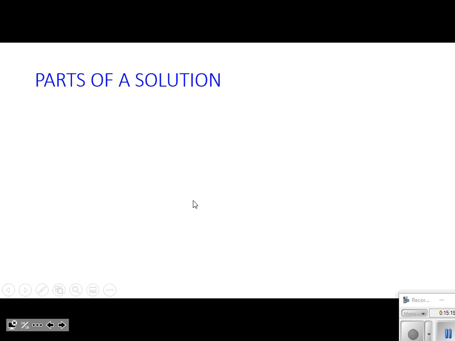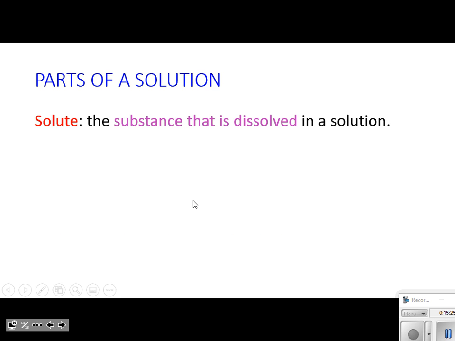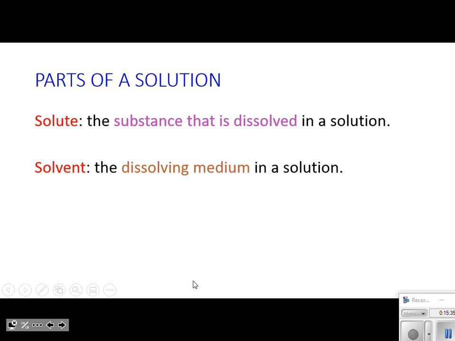Now let's move on a little bit about solutions. Parts of a solution. A solute is the substance that is being dissolved in a solution. A solvent is the medium that is doing the dissolving.